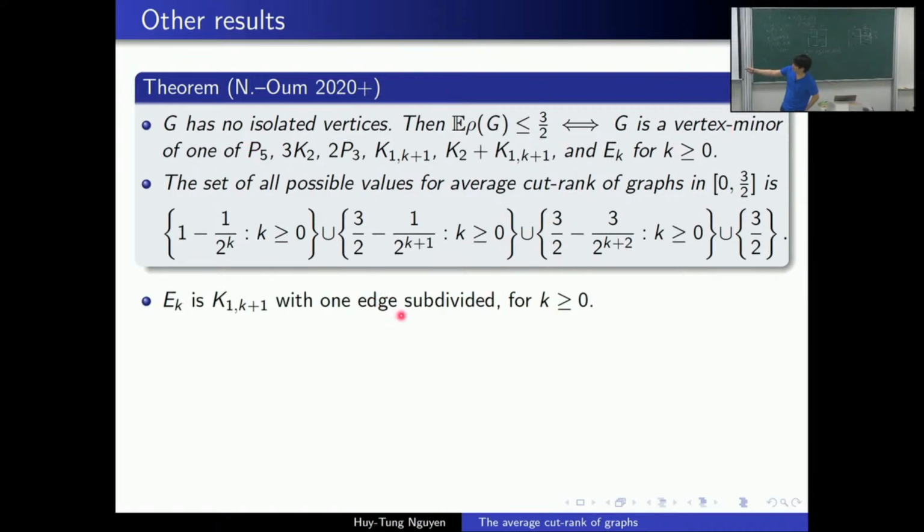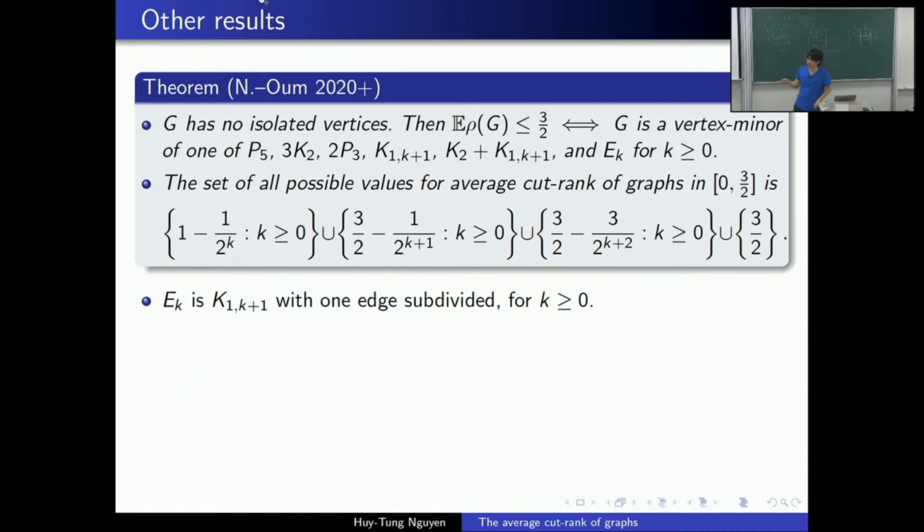And here E_K is the star on K plus 2 vertices with one edge subdivided. We can characterize the set of all possible values for the average cut rank of graphs in this interval, which is only this kind of discrete set.